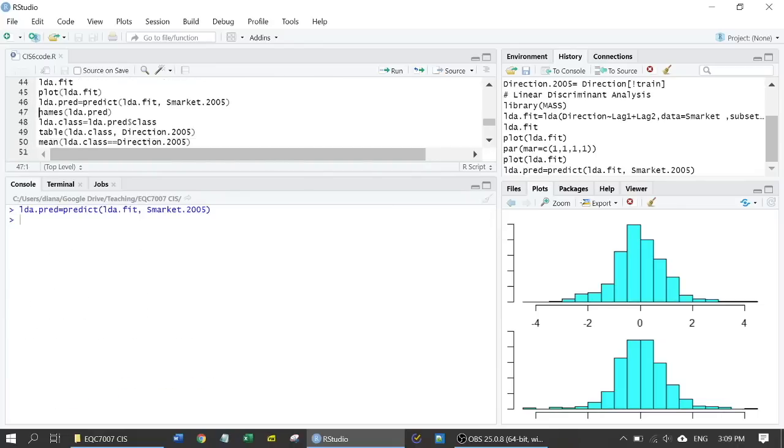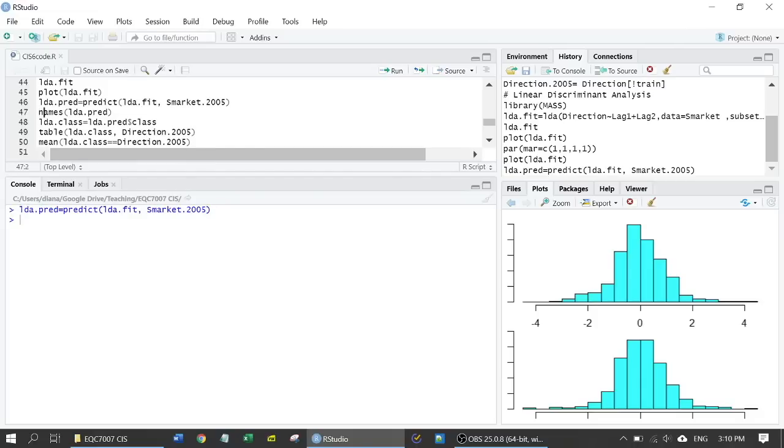So next I'm going to use the function predict, and this is to predict based on the LDA.fit, and this time we're going to use the testing data set to predict, and we're going to store this output into what we call LDA.pred.